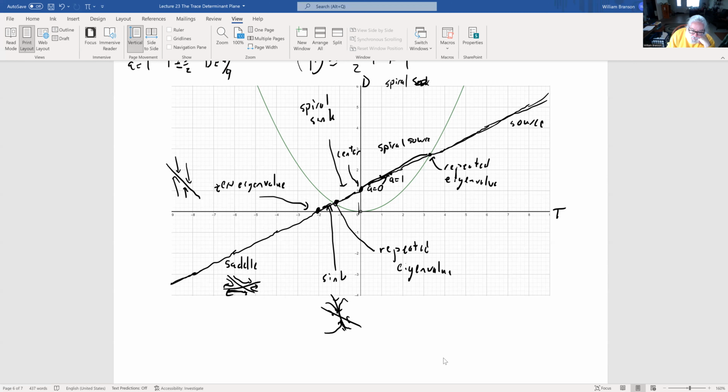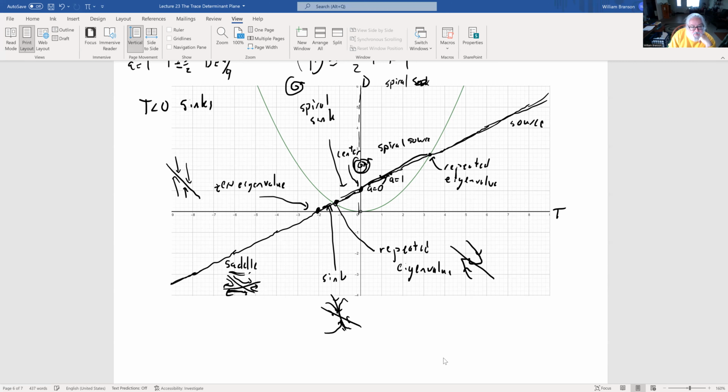Then a repeated eigenvalue will have a line, and stuff is still going in because we still have a negative t. Everything on the left is a sink of some sort. In here, we have a spiral sink, so that means we have something going in. And then we have a center, and that's neither going in nor out. So on this line where t equals 0, you're not going in or out. T less than 0 is all some types of sinks, right? As long as you're above the t-axis.